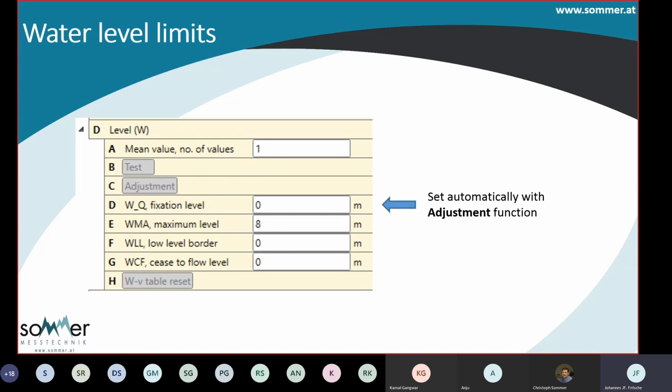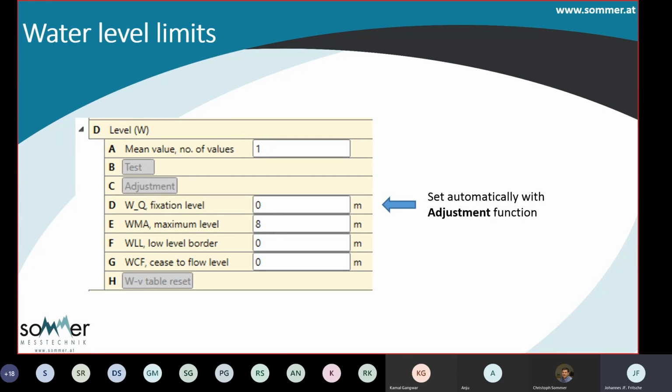Here is a screenshot of a part of the setup of the Q Commander for the water level. You can see those 4 levels which are configured. The low level border and the cease of flow level are set to 0. The maximum water level in this case is 8 meters.